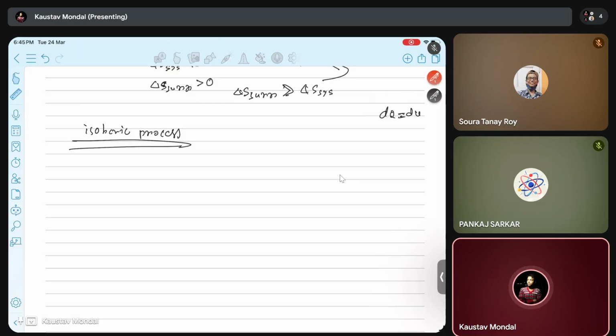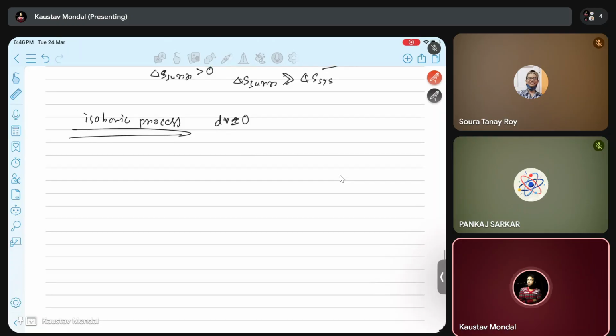From the first law of thermodynamics, you can write dq equal to du plus dw. dV is equal to 0 for, sorry, this is isochoric, not isobaric. One second. Yes, it is isochoric. dV equal to 0, so dW will be equal to 0.